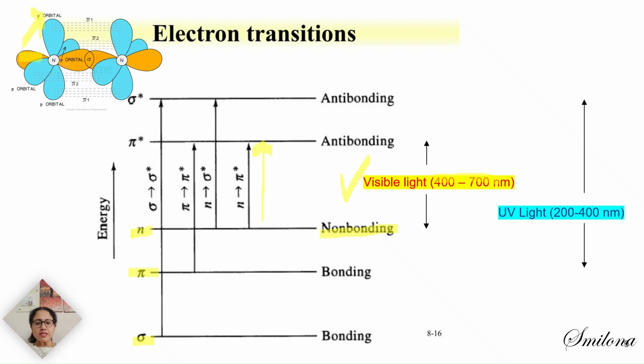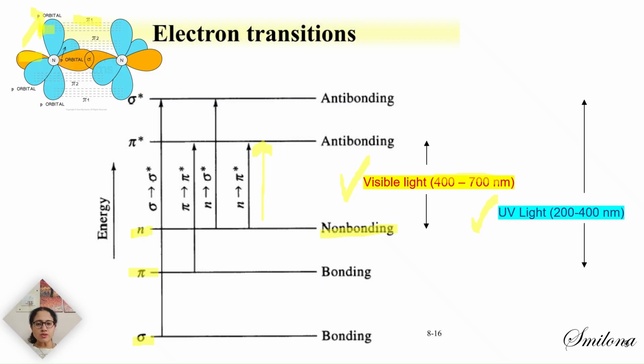When we go to slightly higher energy, for example, UV light, that is between 200 to 400 nanometers, lesser wavelength, higher energy, this energy is enough to cause electrons from the shared orbitals, that is the pi orbitals, to go to their anti-bonding side.